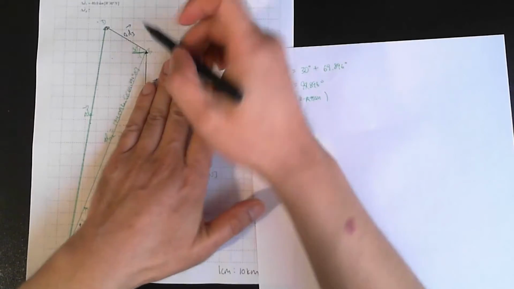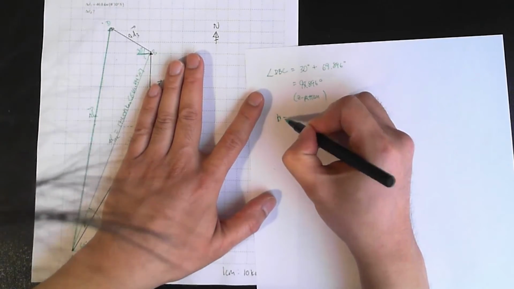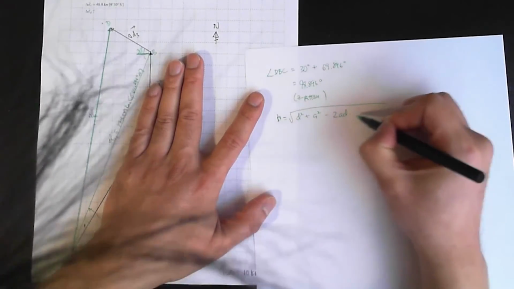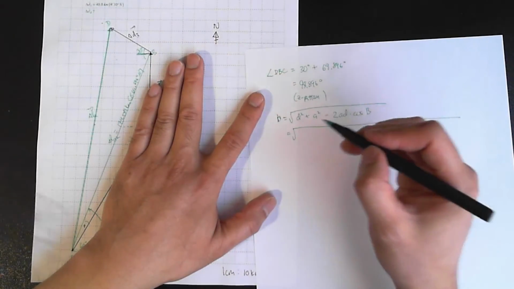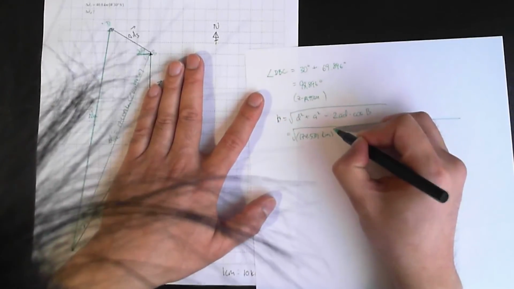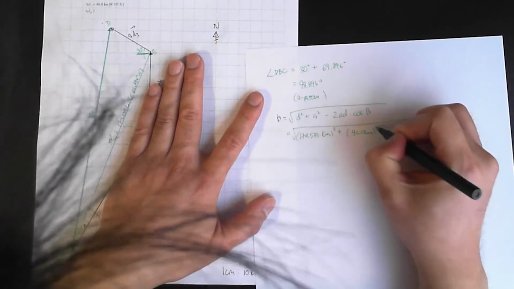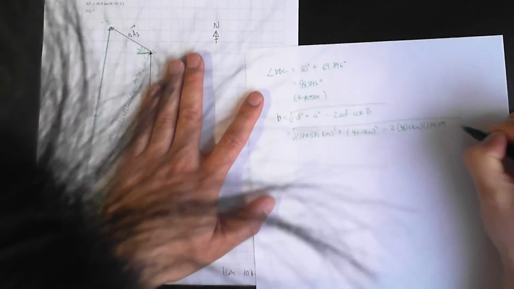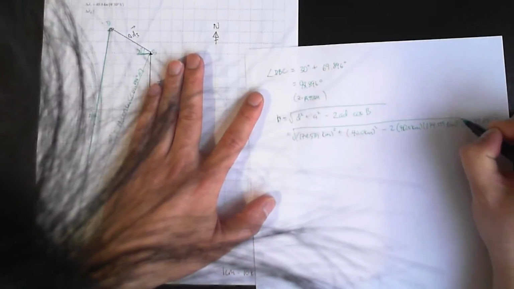So for this triangle here, we'll just use D, B, and A. Side length B is equal to, now with D and A involved, the square root of D squared plus A squared minus 2AD times the cosine of angle capital B. That's equal to the square root of 174.559 kilometers squared plus our value of A, which is our D3, 40.0 kilometers squared, minus 2 times 40.0 kilometers times 174.559 kilometers times the cosine of 99.896 degrees.